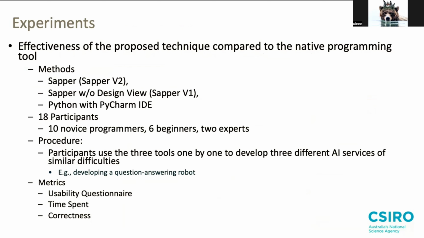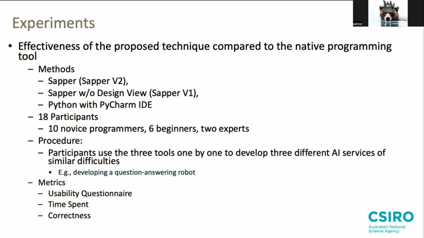For the comparison experiment, we consider three methods. The first one is Sapper, which we term Sapper v2. The second is an ablated version of Sapper, Sapper without design view, which we term Sapper v1. And the last one is the baseline, Python, using the PyCharm IDE.